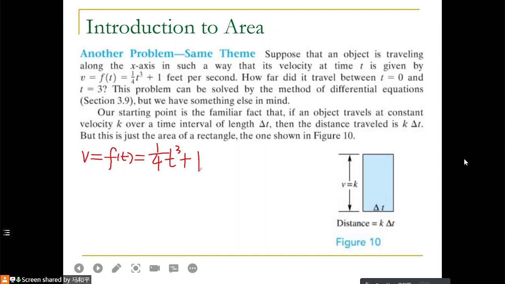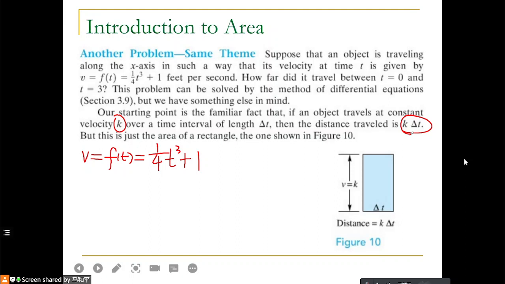Our starting point is a familiar fact that if an object travels at constant velocity k over a time interval of length delta t, then the distance traveled is the velocity times the time interval delta t, right?